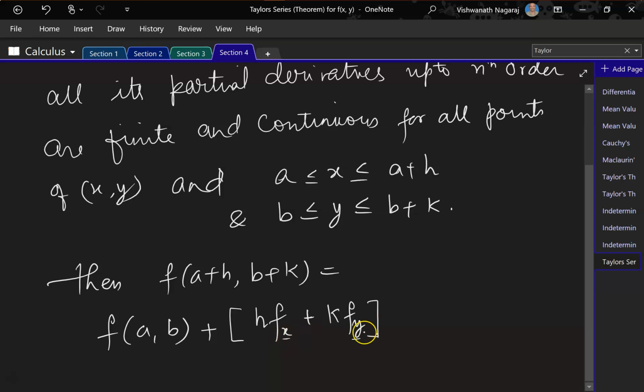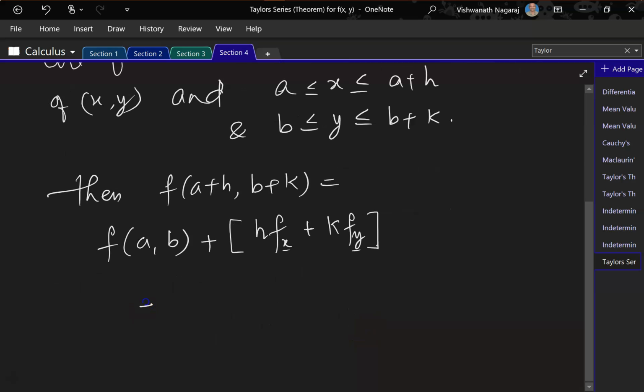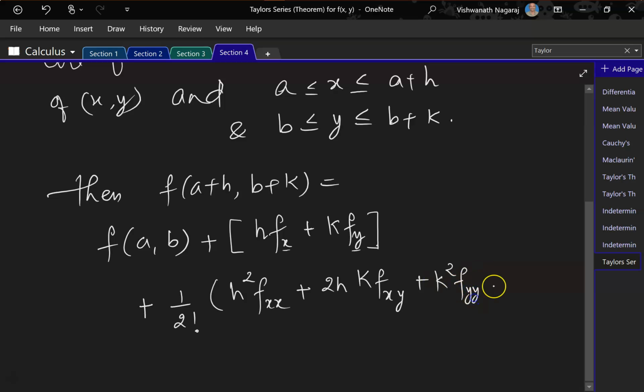Here it is the first partial derivative with respect to y, plus 1 by 2 factorial times h square f xx. Now this is the second partial derivative of f with respect to x, plus 2hk f xy, the partial derivative of f with respect to x and y, plus k square f yy, the second partial derivative with respect to y.